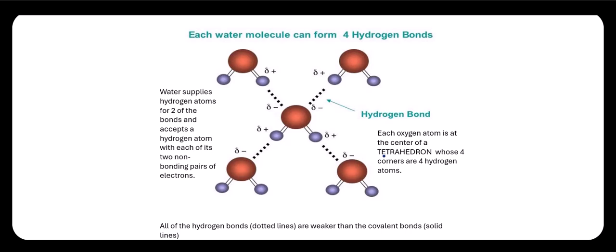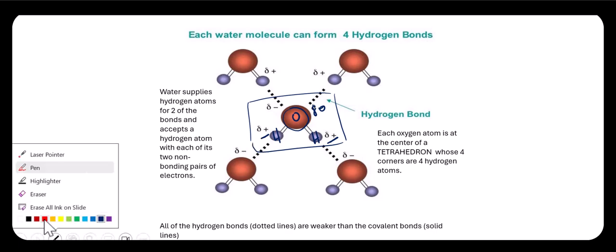So in this diagram, I have my oxygen as the red or brown blob. My hydrogens are the bluish purplish blobs. So in one water molecule by itself, I have the oxygen keeping its partial negative charge, the hydrogens keeping their partial positive charge. So that's my one water molecule.